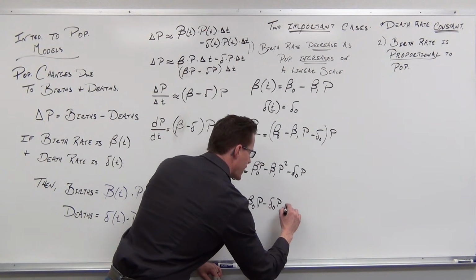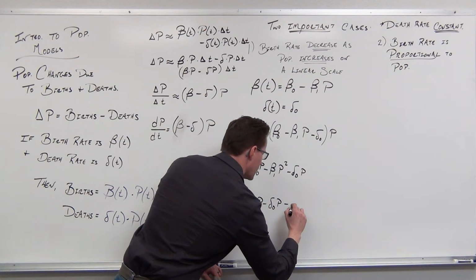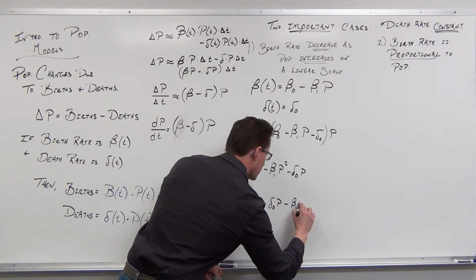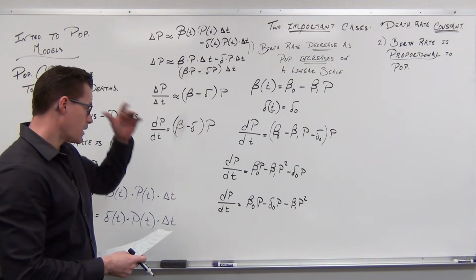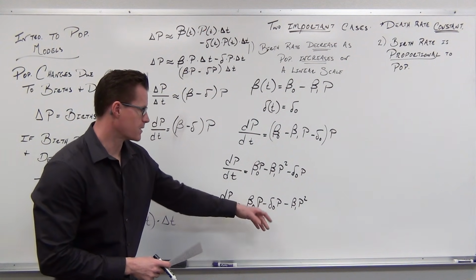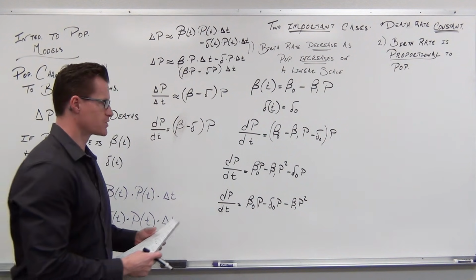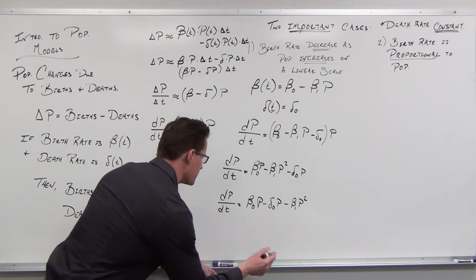Just so we can see what factors and what doesn't. And I'm going to factor out the P from here. I'm going to put my initial birth rate and my initial death rate together.